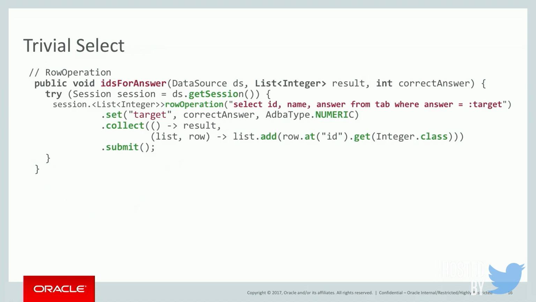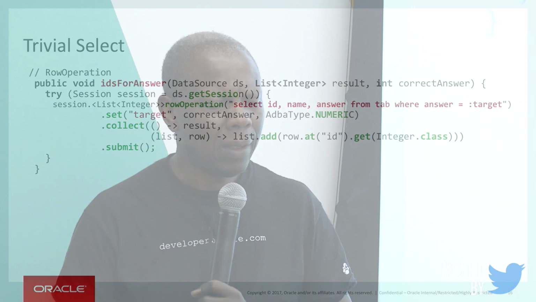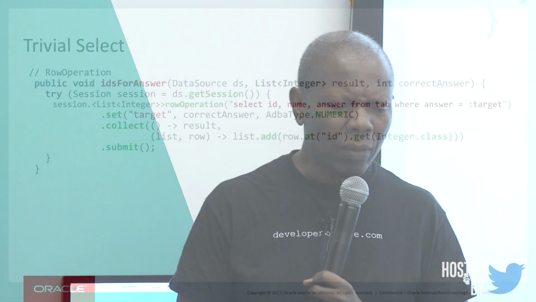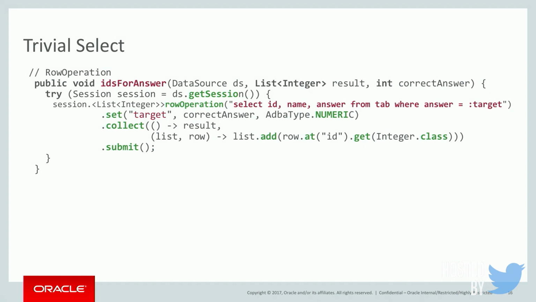Another example, IDs for answer with data source as a parameter, and it will return a list of integers, which is the result. We have a try-with-resource block here. We get a session, and then on the session, we invoke a row operation.